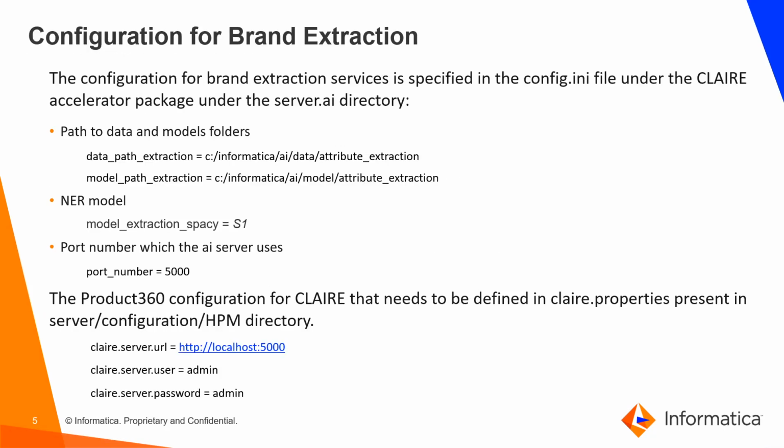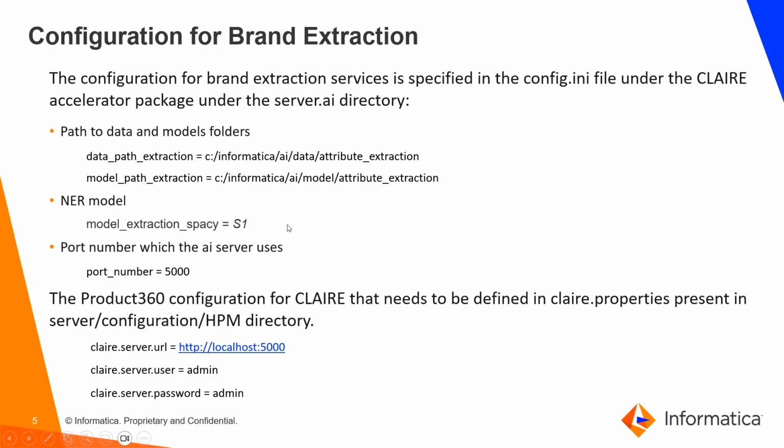To configure Claire, you can edit the config.ini file, which is present under the Claire server AI directory. In this, you can set parameters like authentication info, server paths, port numbers, etc. Here you can also define the model extraction type, which is either S1 or S2 depending on your scenario.